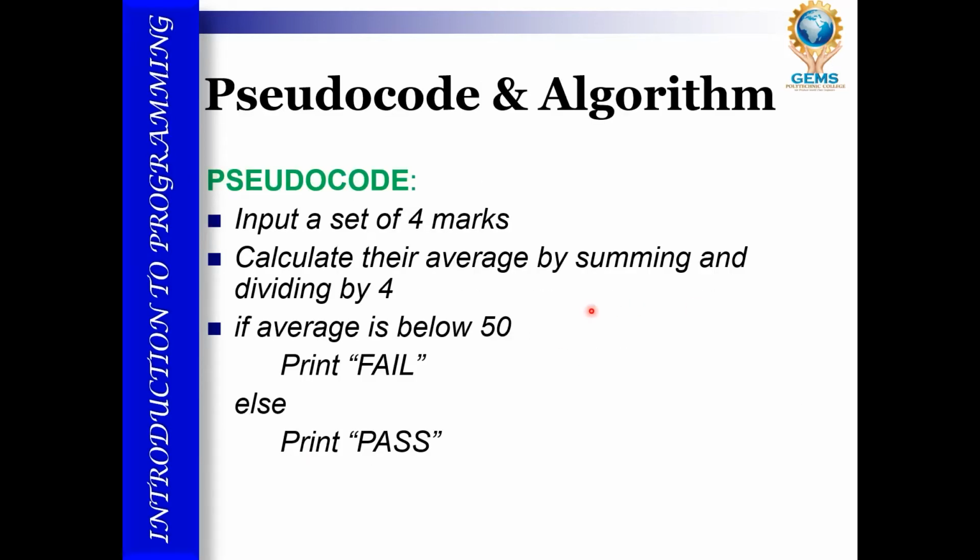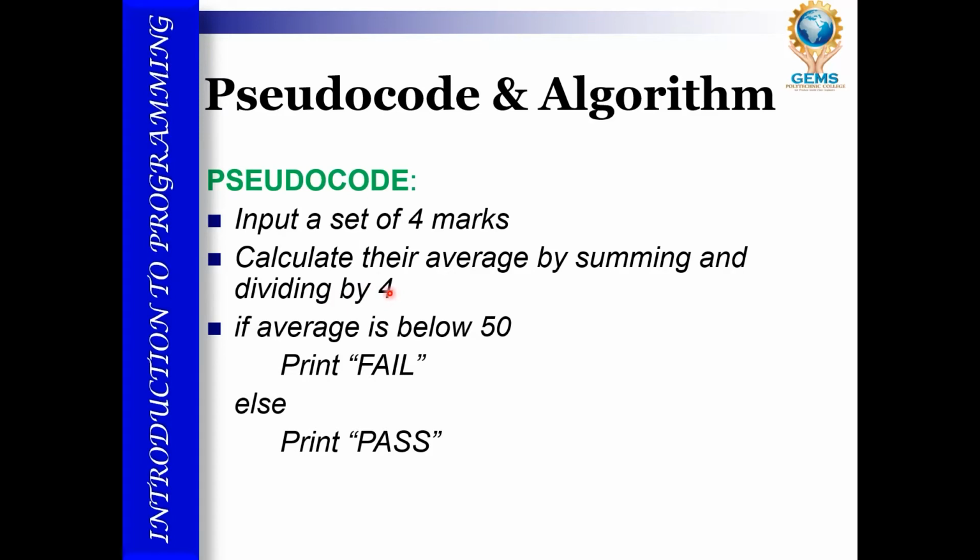Now, pseudocode and algorithm: with the help of an example, I will try to explain how the pseudocode works. For example, input a set of 4 marks. That means we are giving an instruction to our computer to take 4 marks. Then calculate the average by summing and dividing by 4.